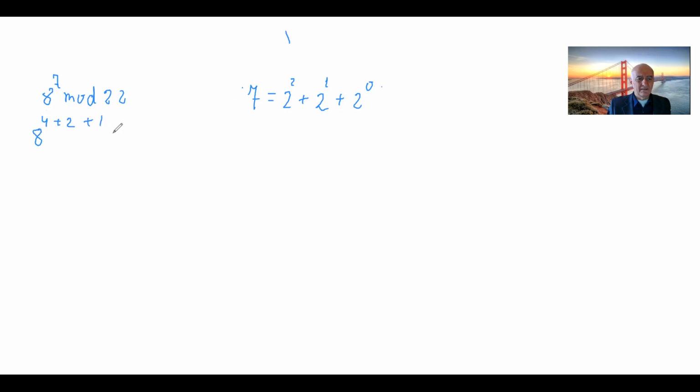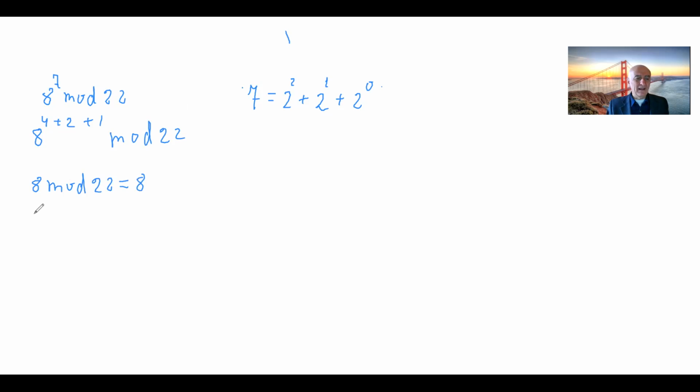So I should find this remainder. To find this remainder, I will use formulas of congruence, but first I need to find 8 mod 22. It's obvious. It's 8.